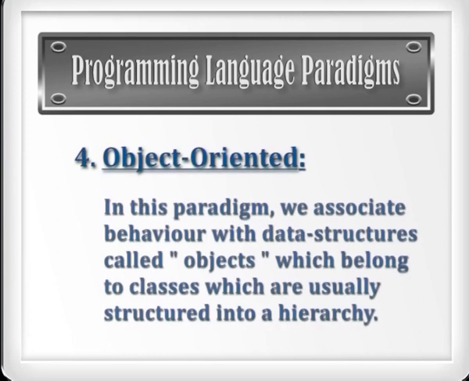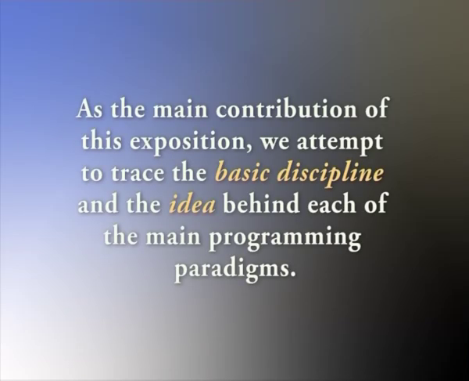In this, we associate behavior with data structures called objects, which belong to classes which are usually structured into a hierarchy. These paradigms were developed to cope with the important issue of enabling an efficient transformation of algorithms and concepts into code. As the main contribution of this exposition, we attempt to trace the basic discipline and the idea behind each of the main programming paradigms.